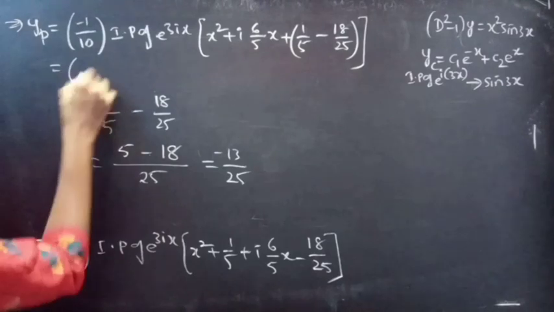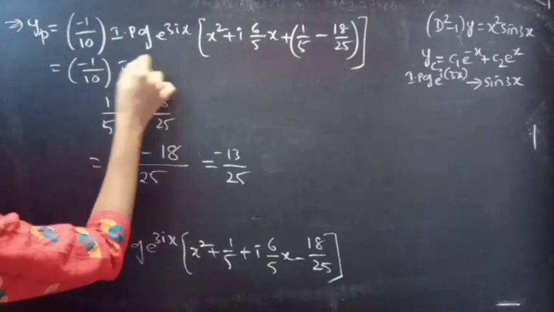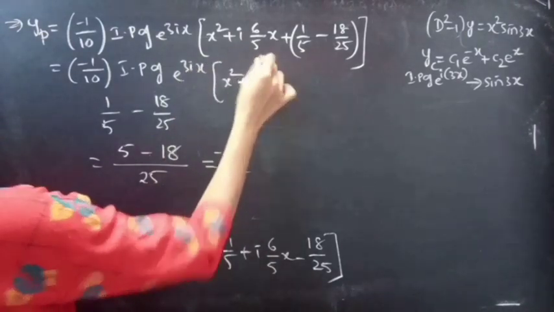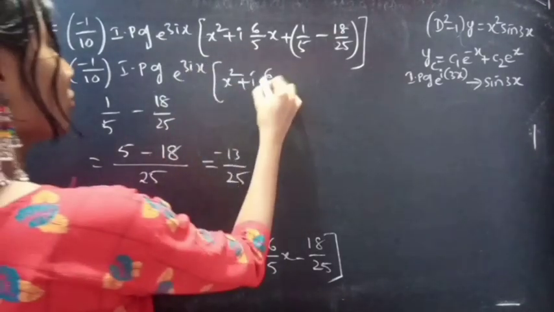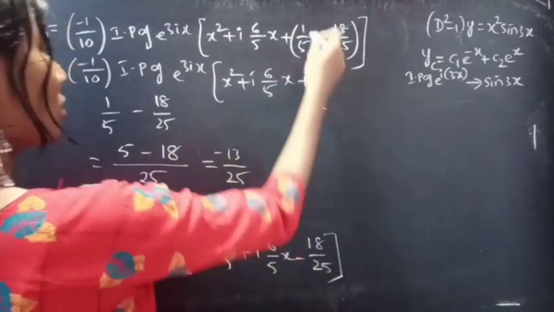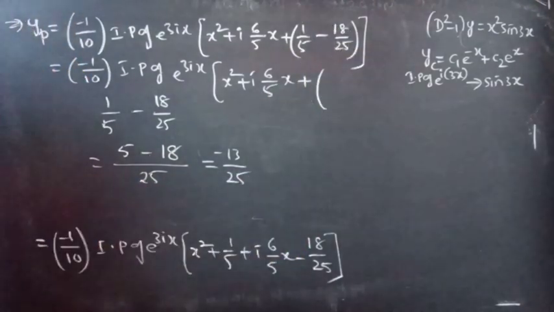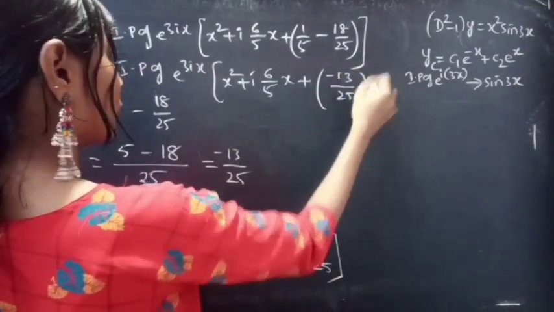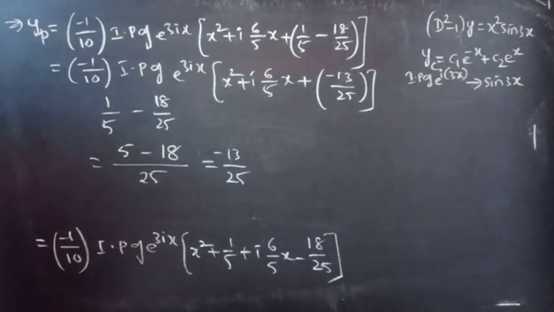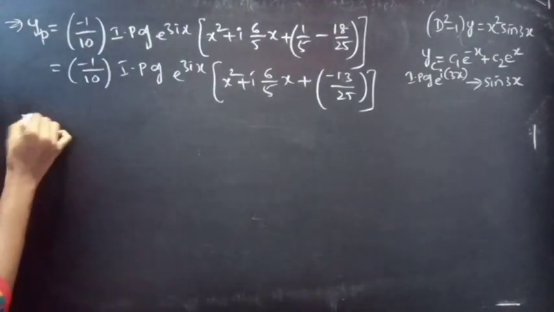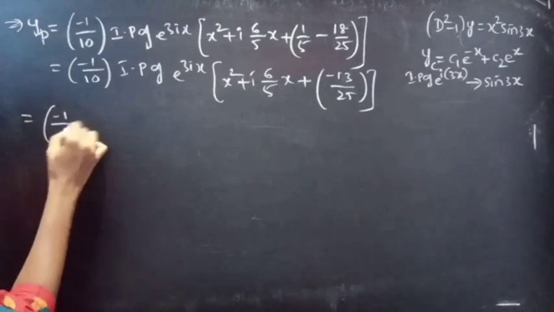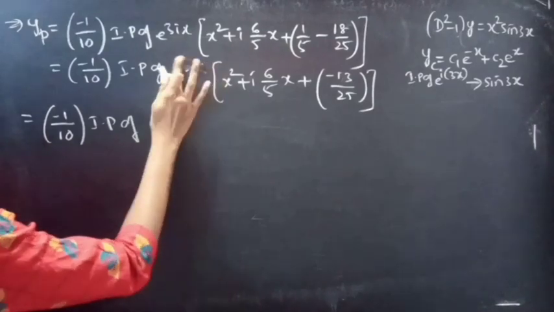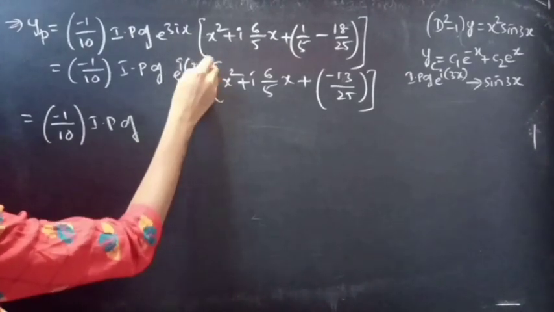Then yp becomes minus 1 by 10 into imaginary part of e power 3ix into x square plus i into 6 by 5 x, plus 1 by 5 minus 18 by 25, which is minus 13 by 25. This becomes minus 1 by 10 into imaginary part of e power i3x.